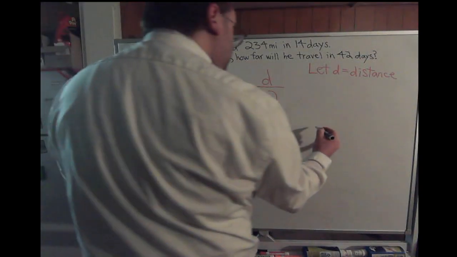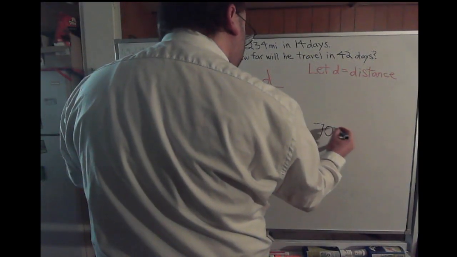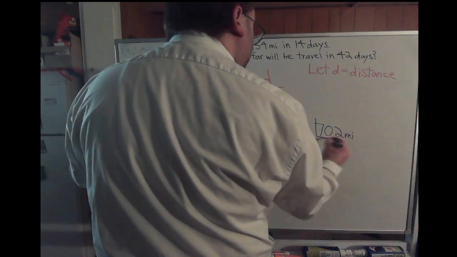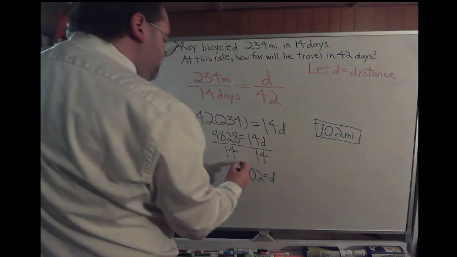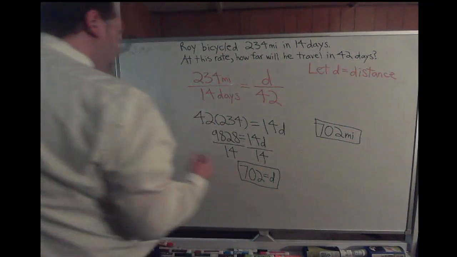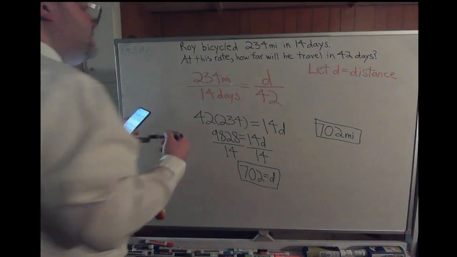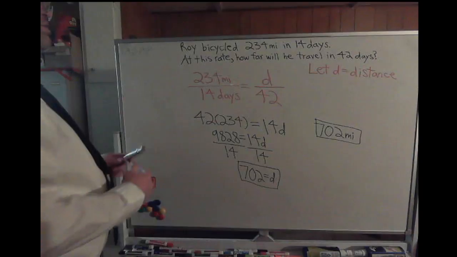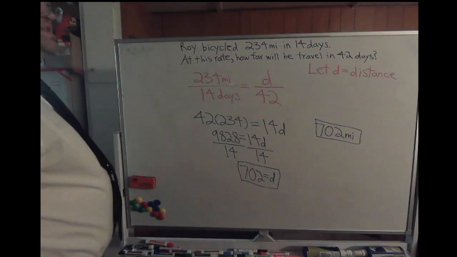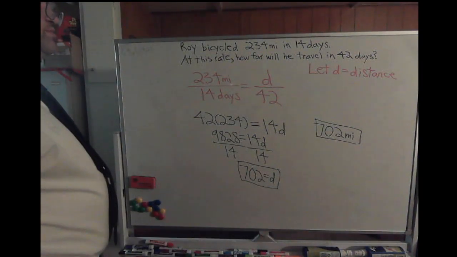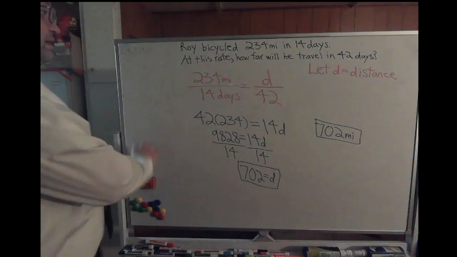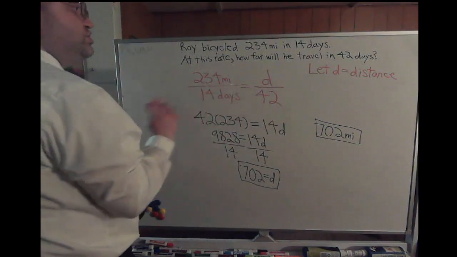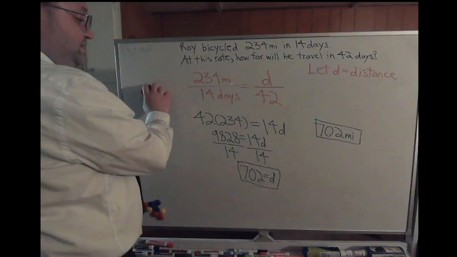That means it would go 702 miles in 42 days. So basically with these, it's just figuring out what your ratios are and setting up the proportion problem, and there's really not much to these problems. So yeah, it'll go 702 miles in 42 days.